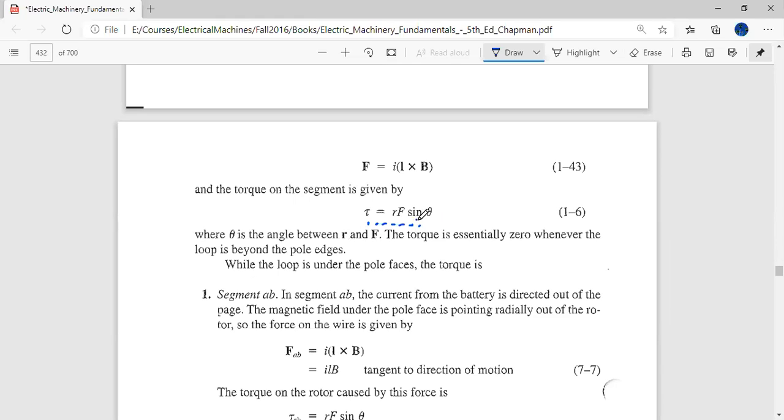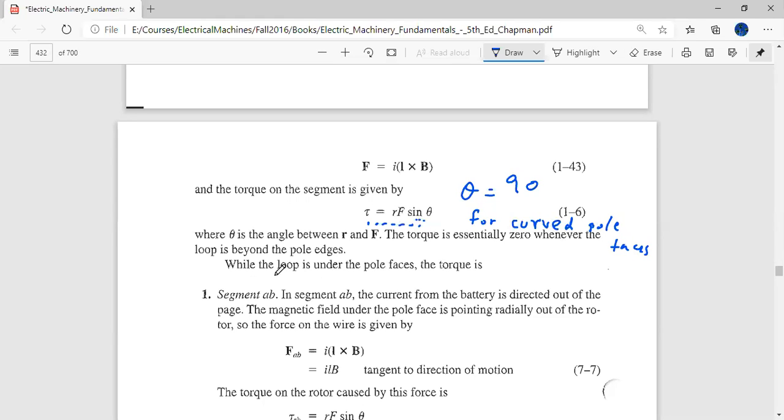Always this angle will be 90 degrees for curved pole faces. So whenever we have curved pole faces, this theta will always be 90. But if you have straight pole faces, then you have to take this component. Because in the special case of curved pole faces, B is always acting radially, and the force is acting tangentially, and always the angle between R and F will be equal to sine 90 degrees.